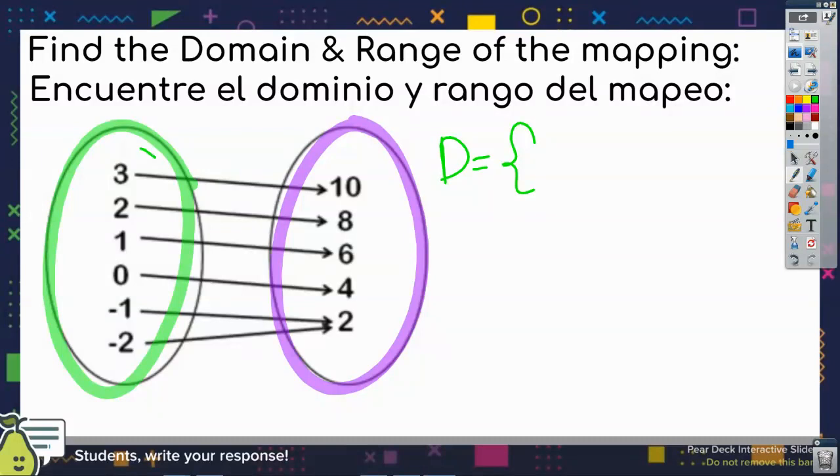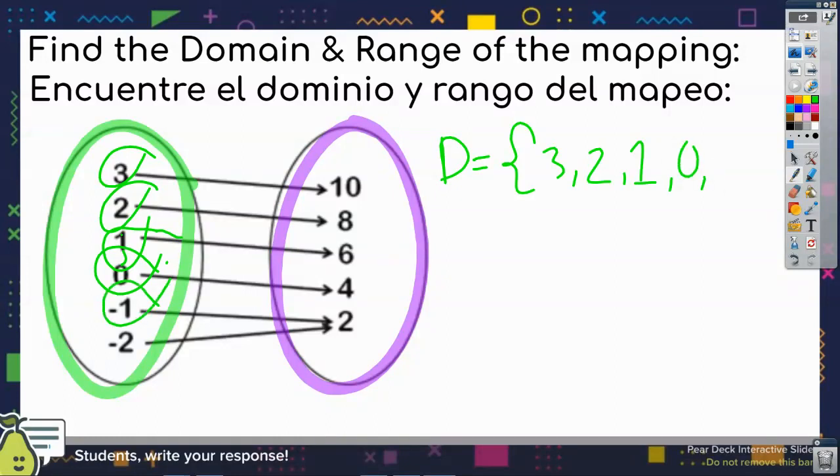Fancy parentheses, we go down the line. 3, 2, 1, 0. Got lots here. -1. Wow, that was terrible. Let's try that again. -2 and end it. Okay, all right.